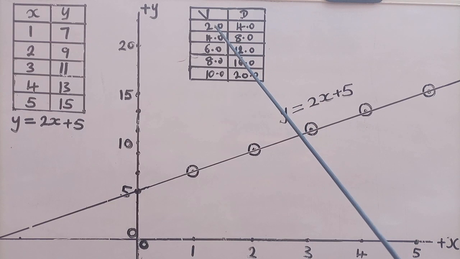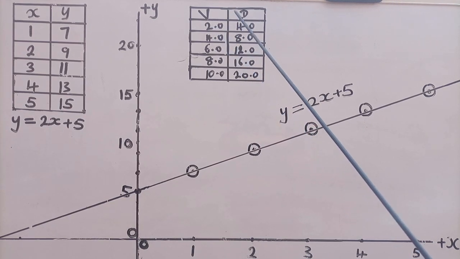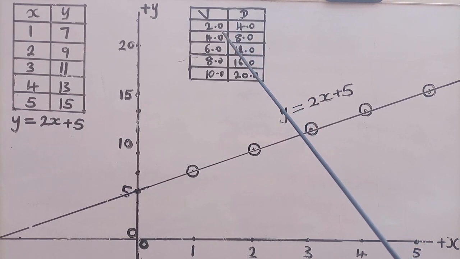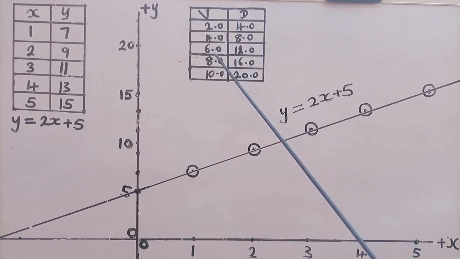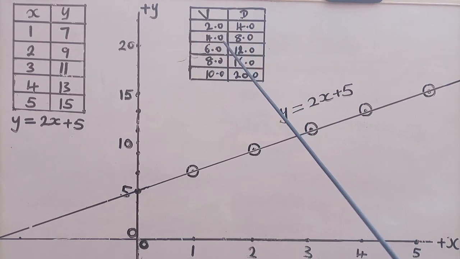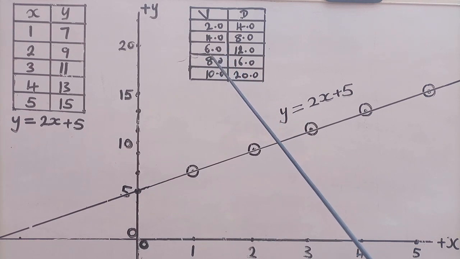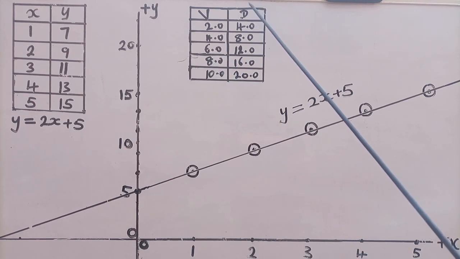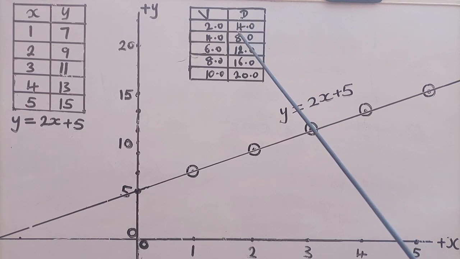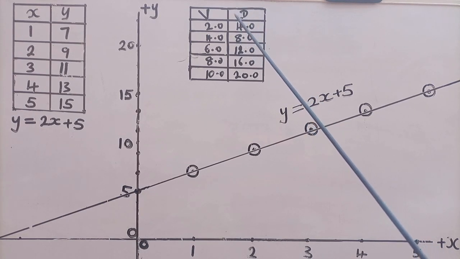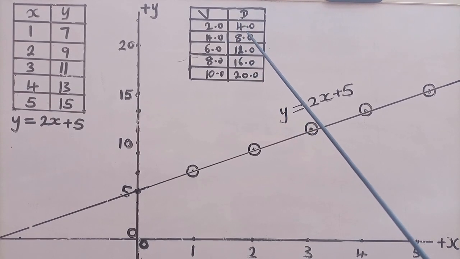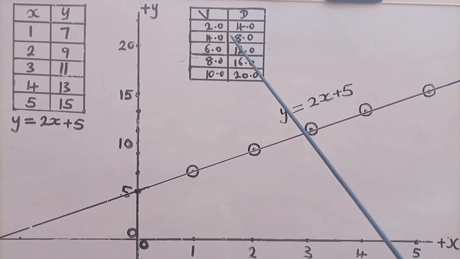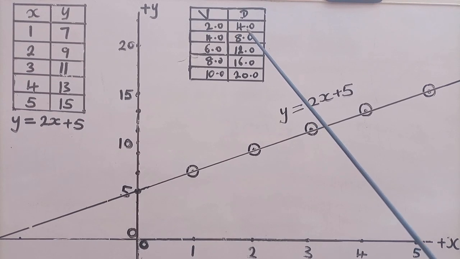You say 4 minus 2, or 6 minus 4, or 8 minus 6, or 10 minus 8. In each of these, we find that the change that takes place when the next volume of petrol is put in is equal to 2.